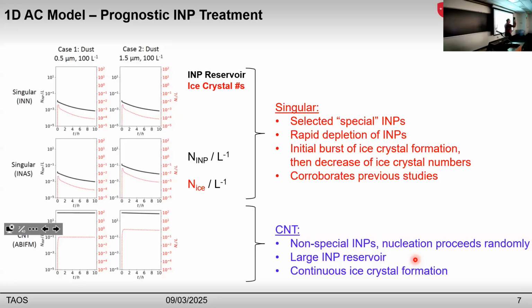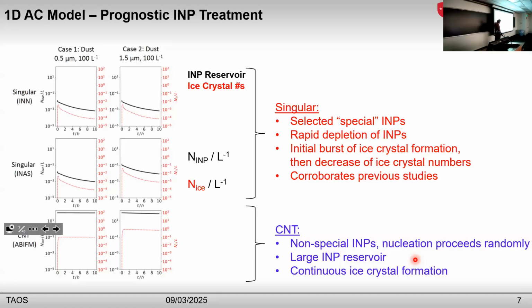And therefore, modelers throw in secondary ice processes or anything else to get the ice crystal numbers up. If you use classical nucleation theory, your reservoir is large, you start making ice, and you can sustain ice crystal formation easily over 10 hours. You see a little bit of depletion, but you are in the order of magnitude of 0.1 to 1.